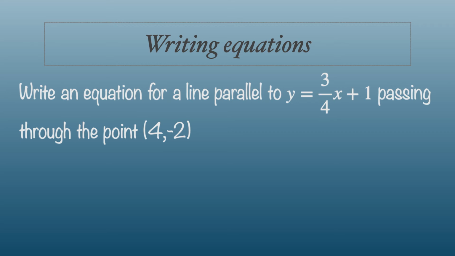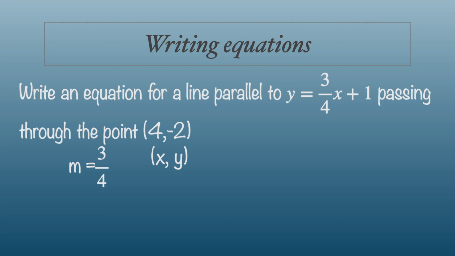So my slope is 3/4. Now I also know this point (4, -2). I know the x value and I know the y value. That is where my new line is going through.